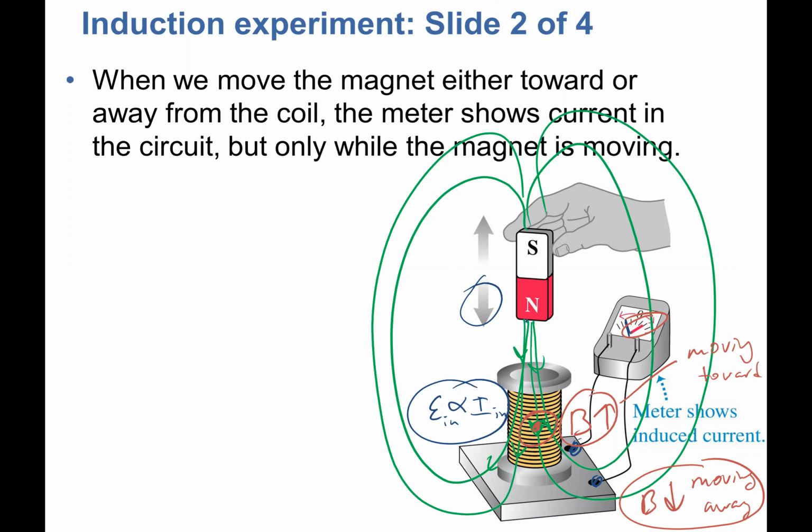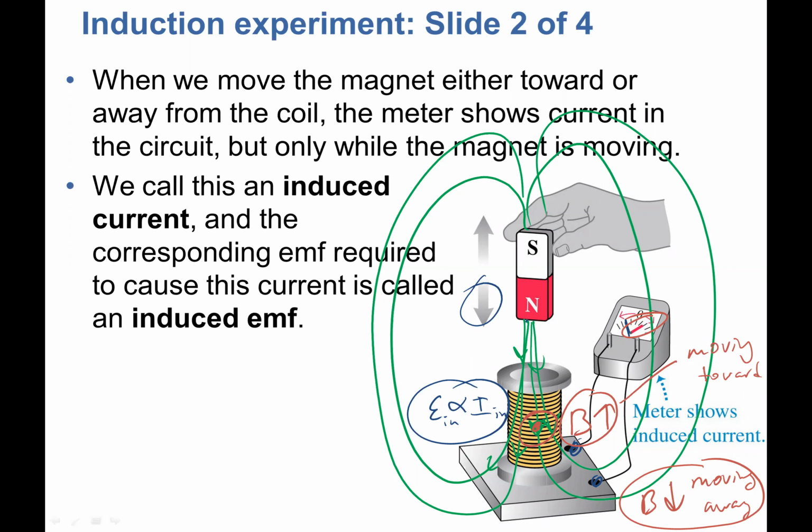So that's why this is known as an induced current, because the current in that coil of wire has no other potential source, no voltage source, no power source other than that bar magnet.